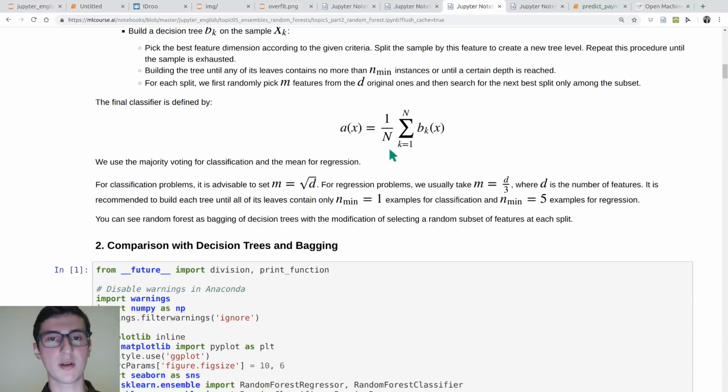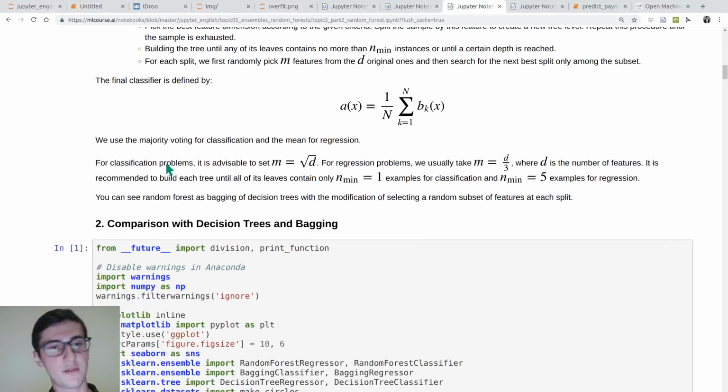Then some heuristics, how to set this m. For classification problems, it works nice to just set m almost equal to square root of d. So for instance, if we have 400 features, then we'll take only 20 features at each time. For regression, a heuristic is to use d over 3 of initial features.